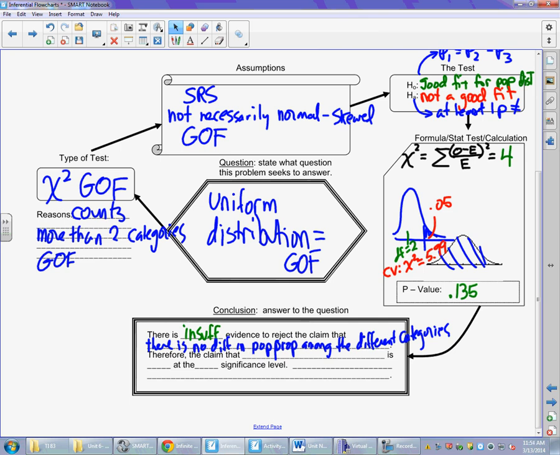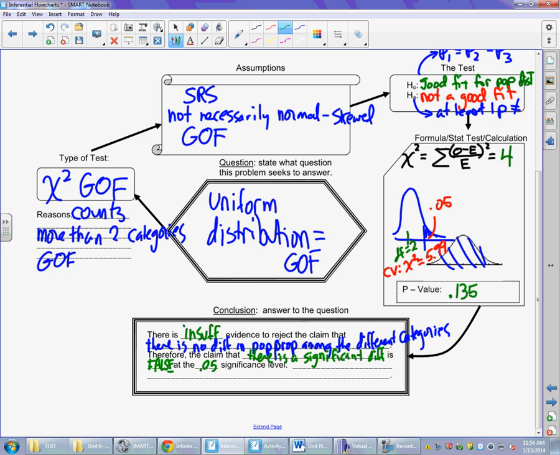Therefore, the claim of a significant difference, or a difference, that there is a, we'll say significant, even though it's going to be redundant. The claim of a significant difference is false at the 0.05 significance level.